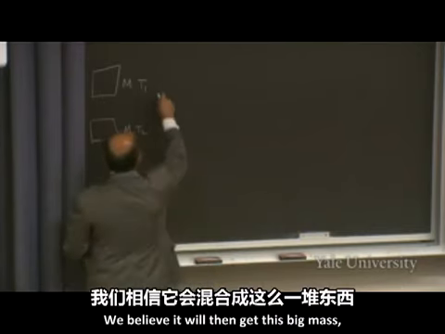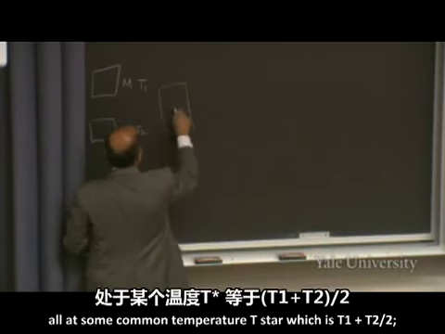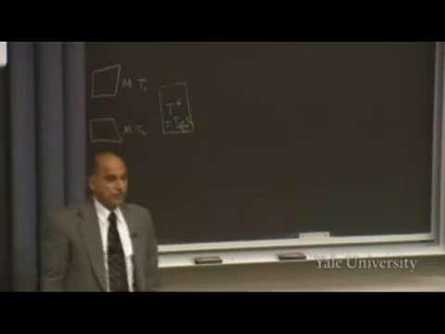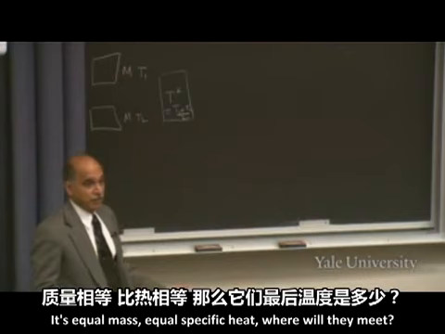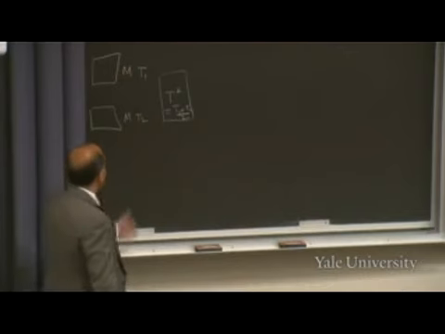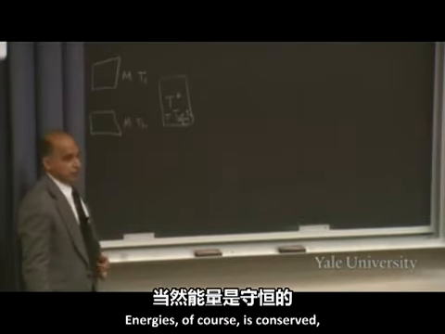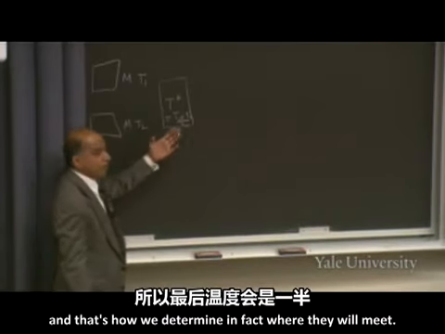We believe you will then get this big mass all at some common temperature T star, which is (T1 plus T2) over 2. This is just by symmetry. It's equal mass, equal specific heat. Where will they meet? They will meet halfway. Energy is, of course, conserved, and that's how we determine, in fact, where they will meet.